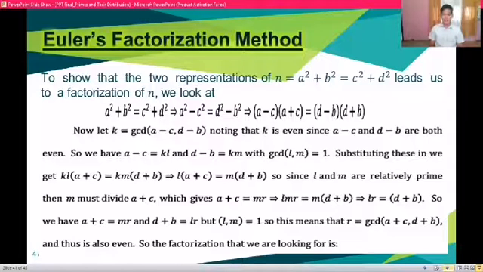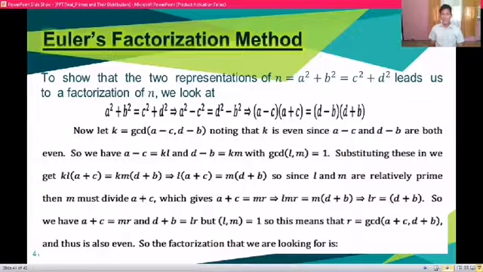So we have a minus c is equal to kl. Paki-take note ninyo kay magamit na to nga formula unya. And d minus b is equal to km, with the GCD of l and m equal to 1.